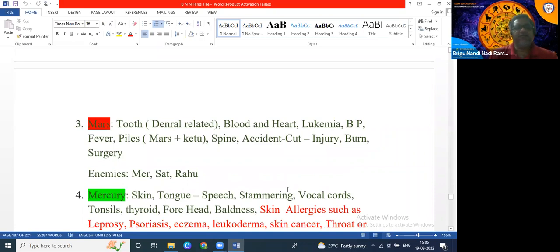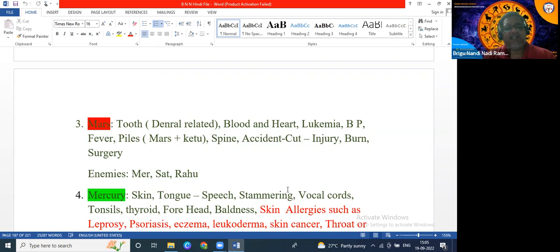So when it comes to Mars, it is here dental, tooth related, and Mars denotes blood, so blood and heart. That's why the native may get leukemia, blood cancer, and the native will get blood pressure, BP, fever and piles.